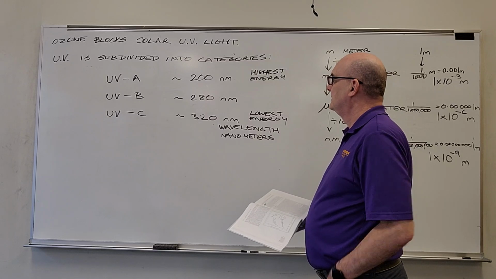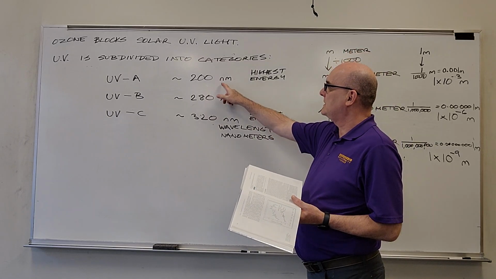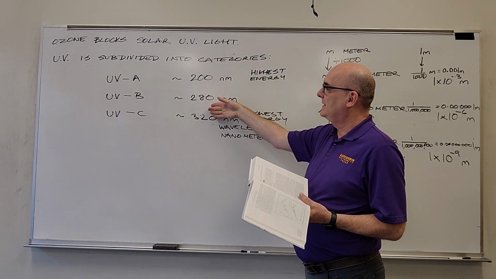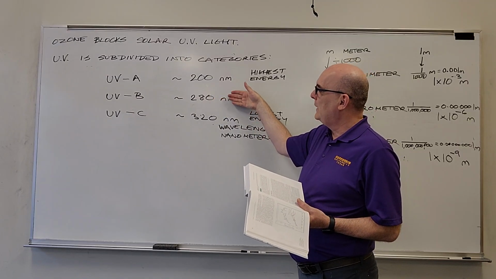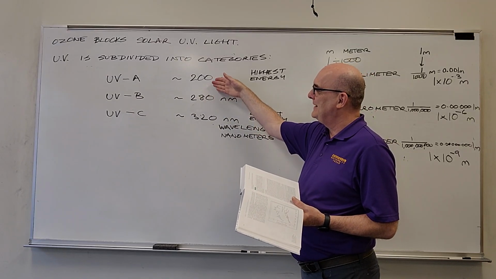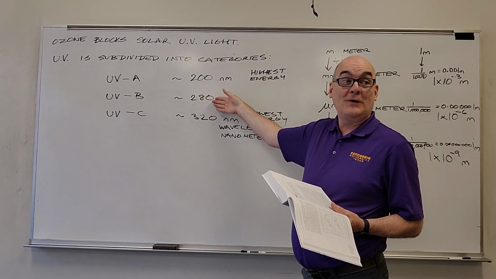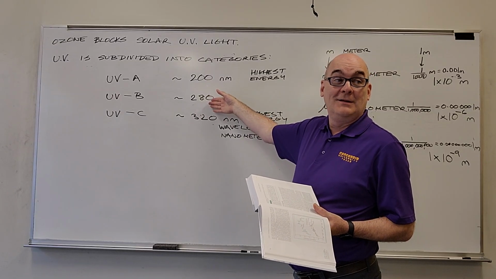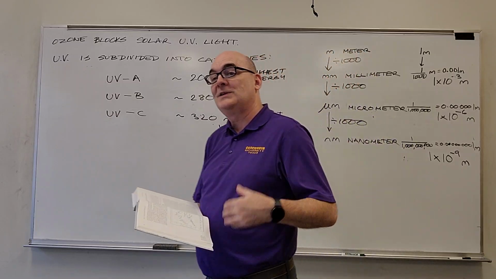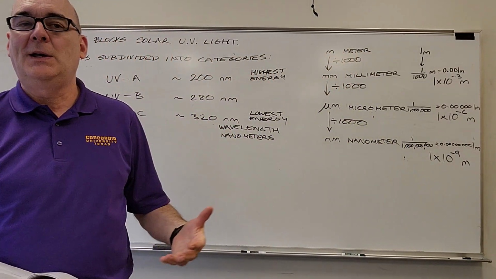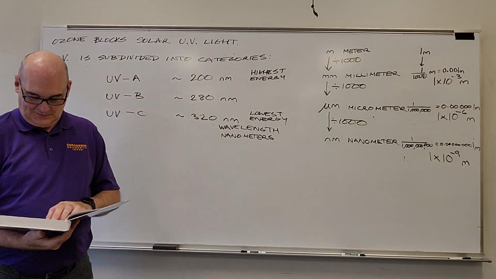B. Well, A is the highest energy, but B is the big culprit right here. If we only block that one but don't block the other, we can get a false sense of security. I take away some of the symptoms, but I don't take away the exposure. Okay.